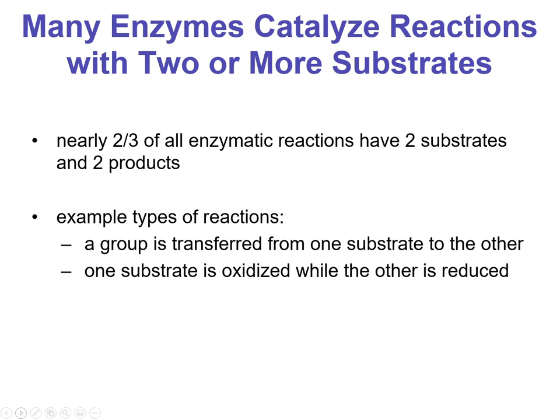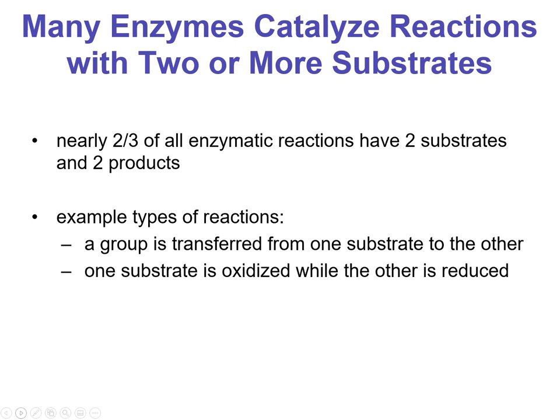Lots of enzymes actually catalyze reactions with two or more substrates. So Michaelis-Menten is great for one enzyme, one substrate. But a large majority of them have at least two substrates and two products. So when we were talking about that covalent bond forming with the enzyme, we're talking about two different substrates.